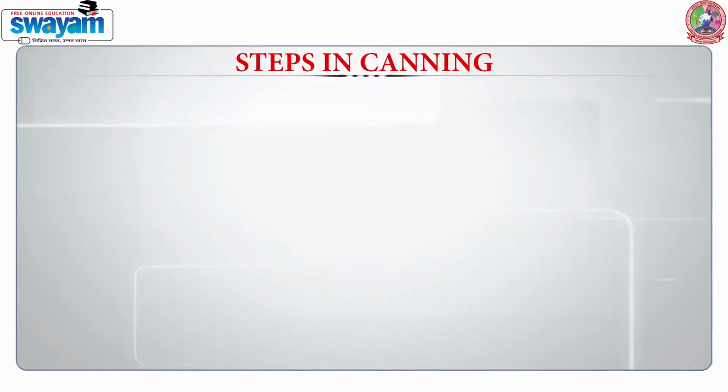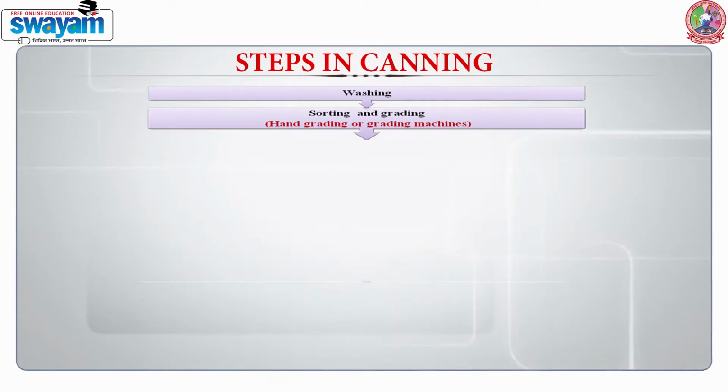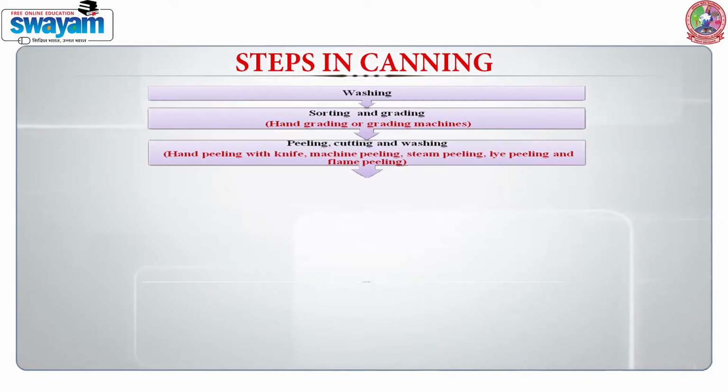The basic steps in the process of canning are: first, washing the material, followed by sorting and grading. This can be done either by hand or with the help of machines. After the grading process, the material, fruits and vegetables, are peeled, cut and washed.